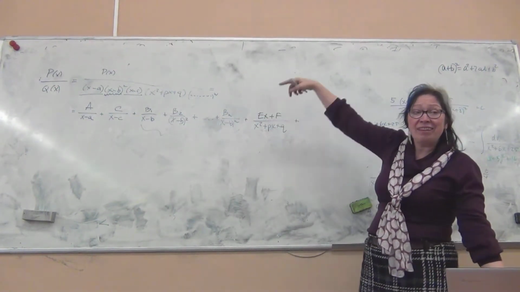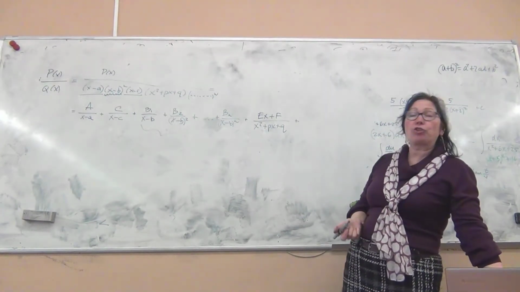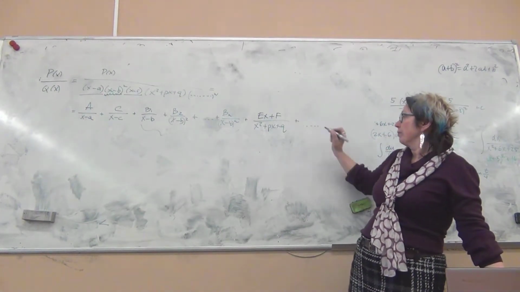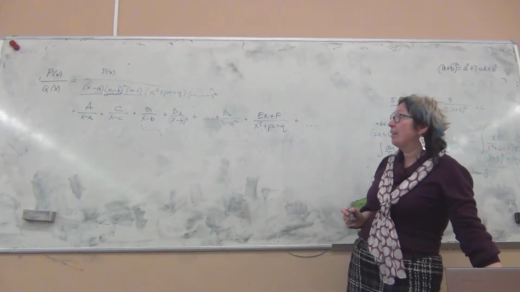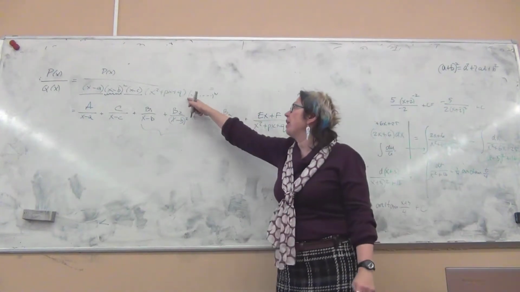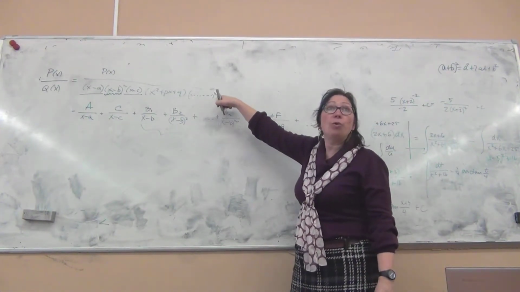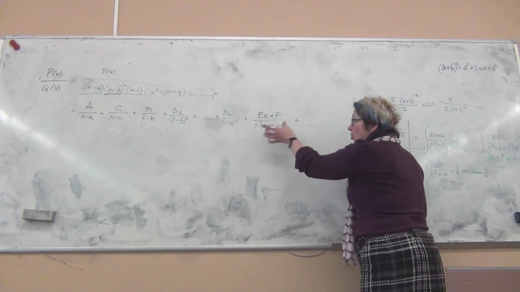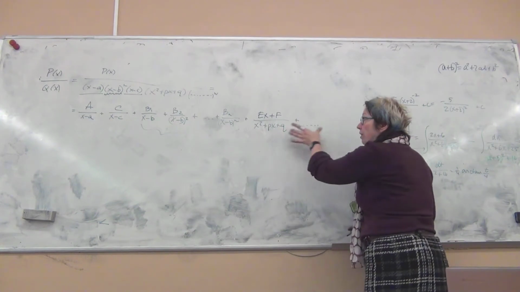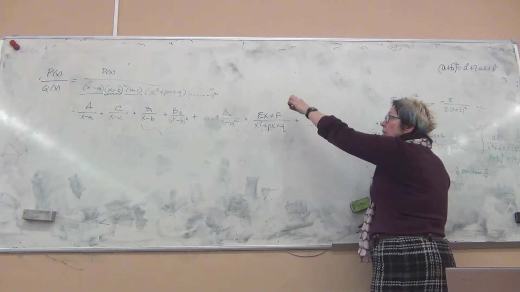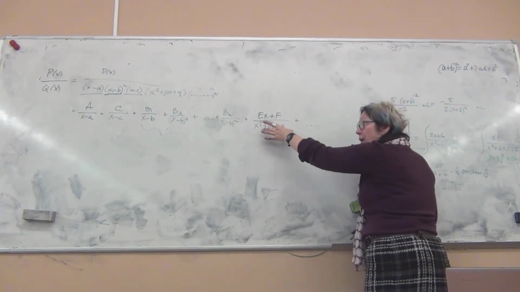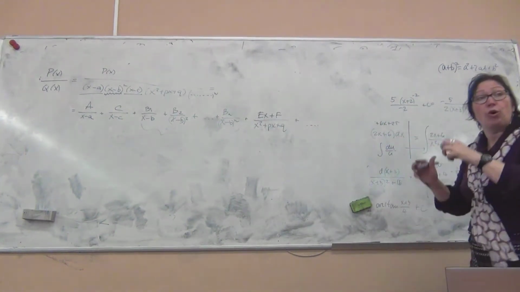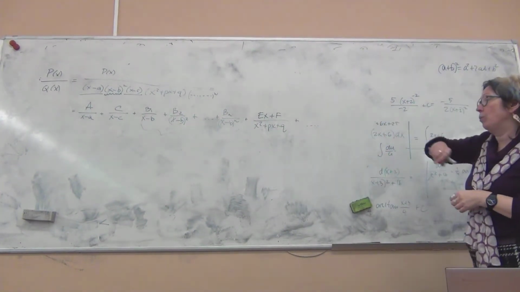Again, n type 3 and type 4 partial fractions. So if I had something like this cubed to the 3rd power, then the result would be one fraction like this, another fraction like this, but with x squared plus bx plus q squared, and the 3rd one with a cube.